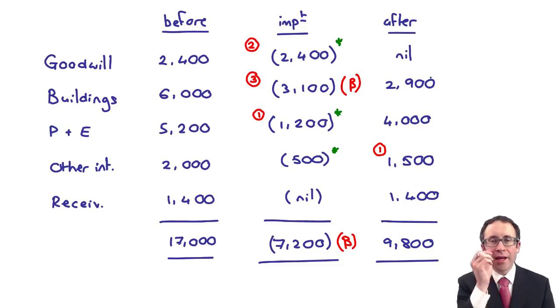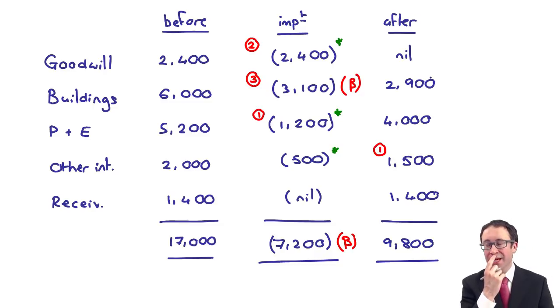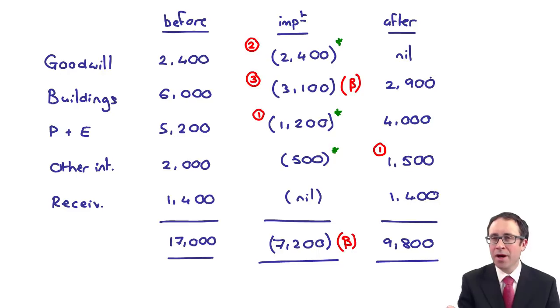Okay. I can hear you shouting down the internet once again. Chris, why have you only allocated the impairment to the buildings and not to the rest of the plant and equipment? There's 4,000 there of plant and equipment that you're thinking might be impaired as well.